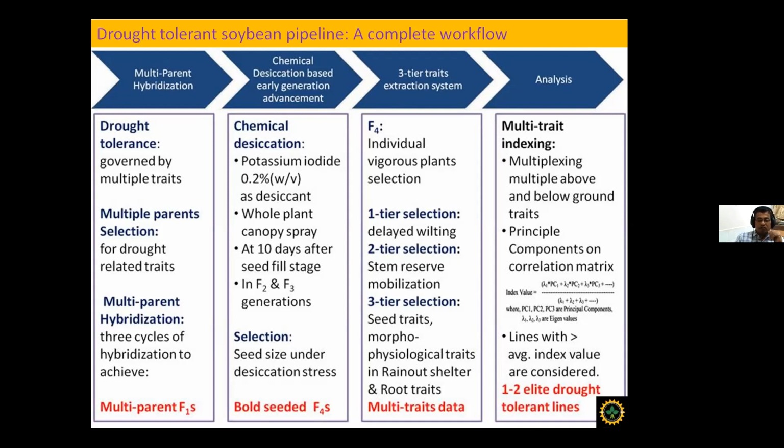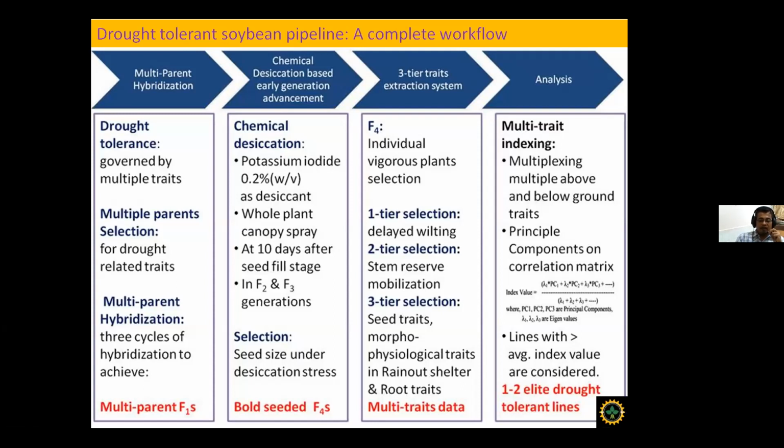In the first tier of selection during summertime, we go for delayed wilting trait screening, followed by the rainy season, when we have the opportunity to extract the stem reserve mobilization trait.